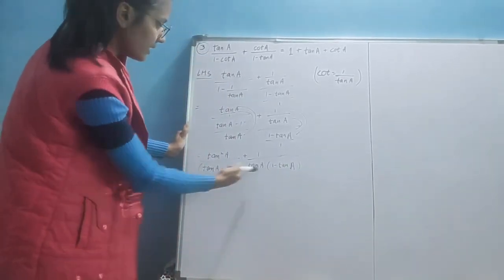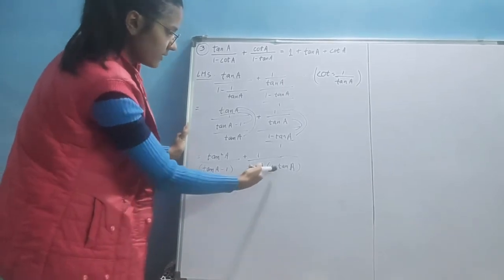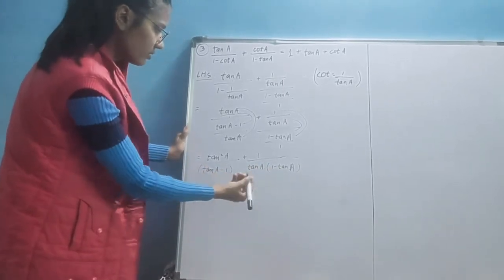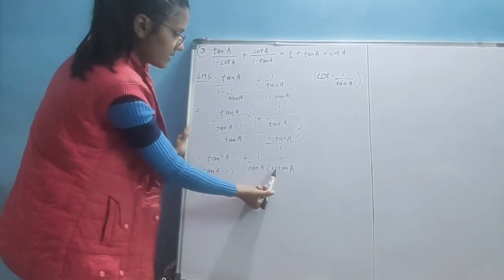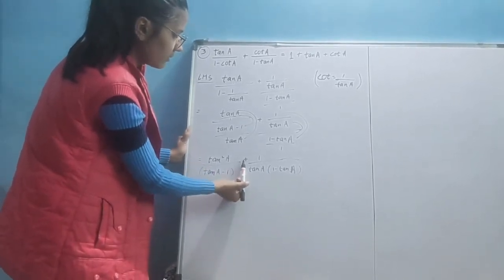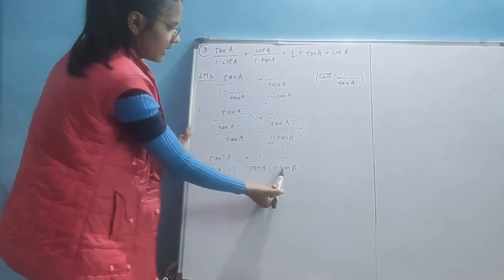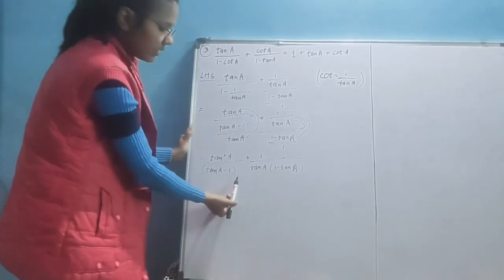As you can see, tan A minus 1 and 1 minus tan A are somewhat similar, but there is a difference of sign, that is minus. So I will take the minus common and make these two things similar.